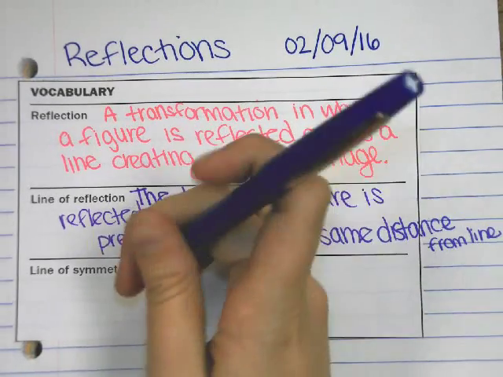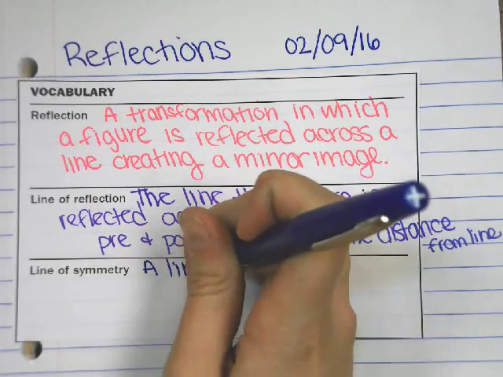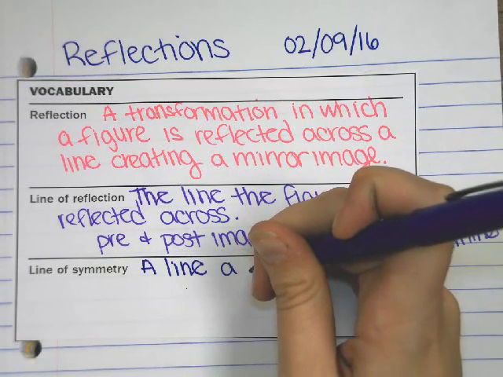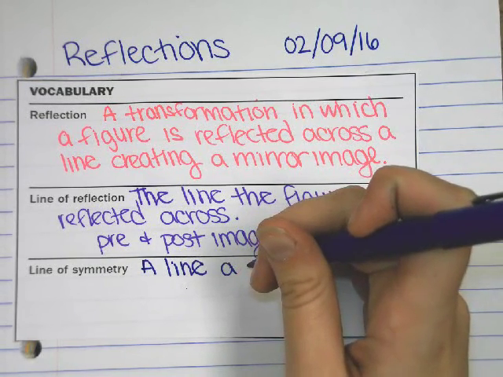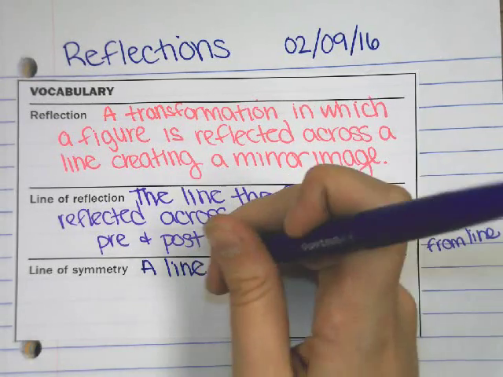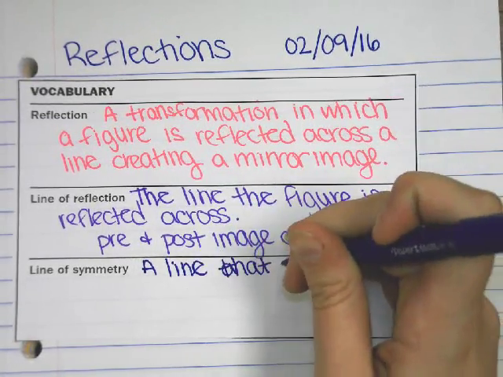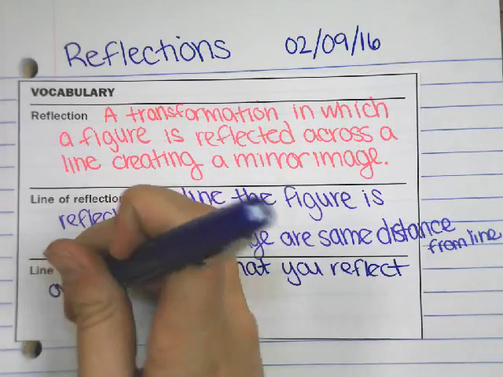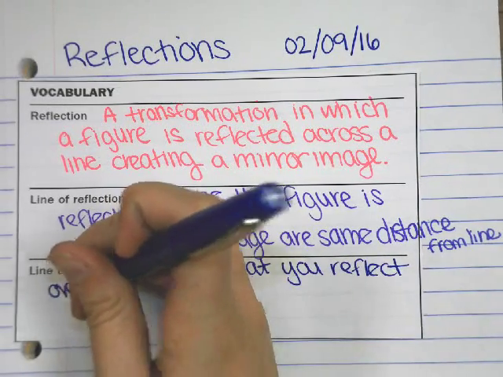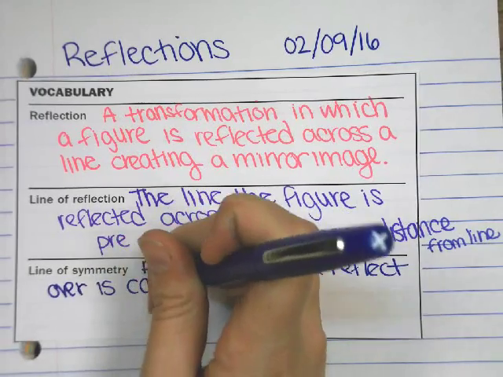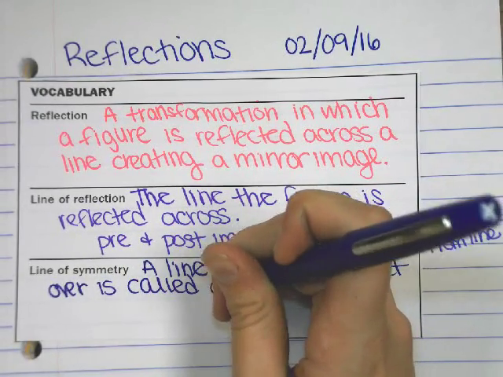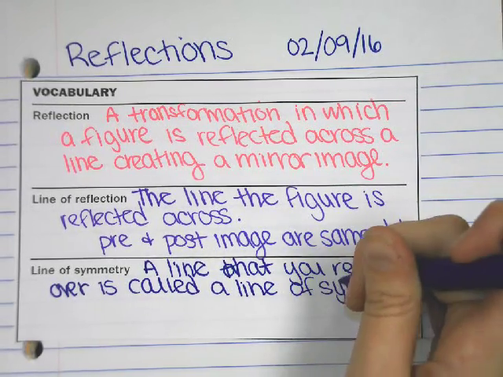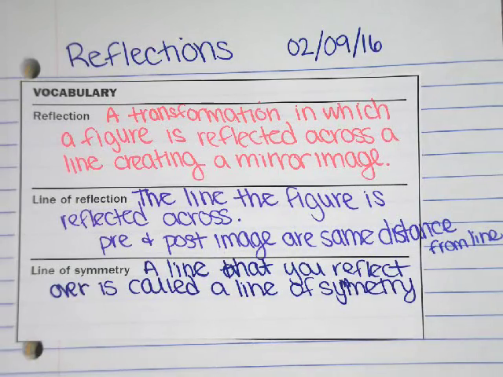And the line of symmetry is a line that you reflect over is called a line of symmetry. Two M's there in symmetry.